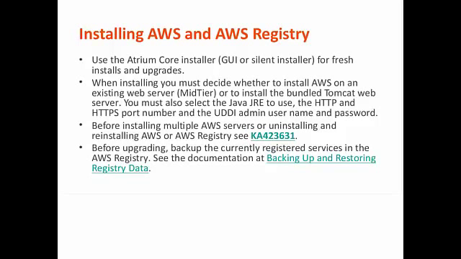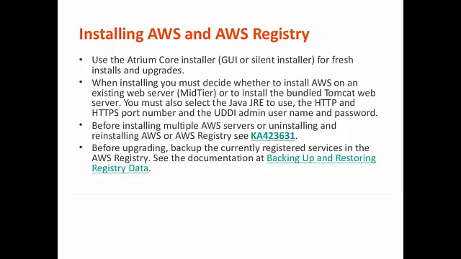To install it, you use the Atrium Core installer, either the GUI or the silent installer, for fresh installs and upgrades. And there are a few decisions you have to make when you install AWS. One is whether to use an existing web server or the bundled Tomcat web server that comes with AWS.